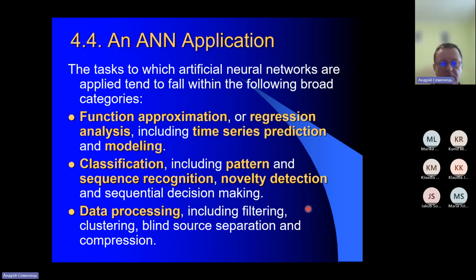So, applications of neural networks. They are useful in such categories as function approximation or regression analysis, and time series prediction and modeling. So again, this task is a little bit known to you, except that during your practices we don't use artificial neural networks, and we rely only on statistical methods.